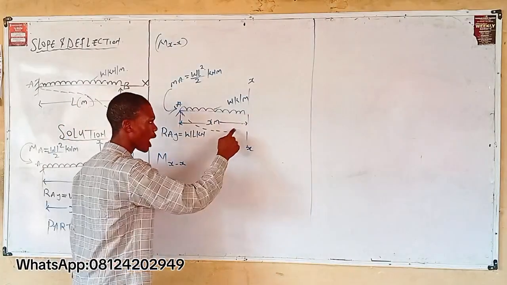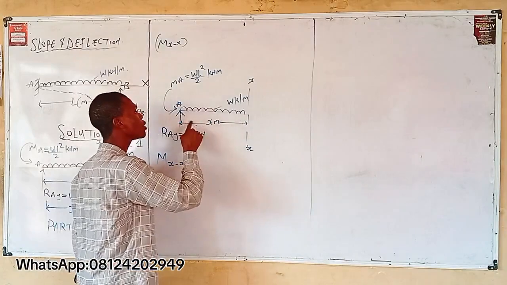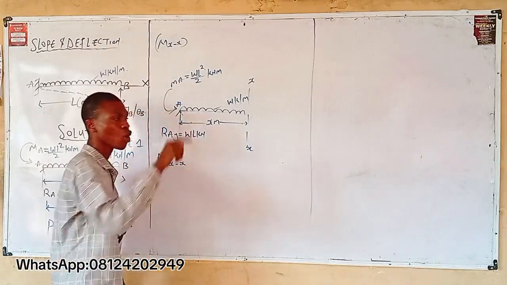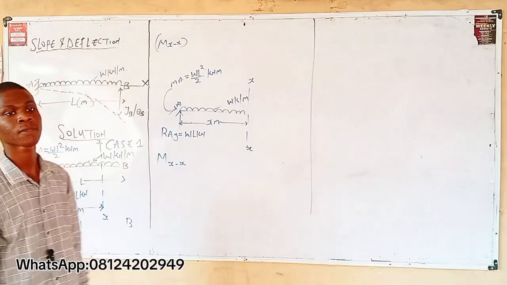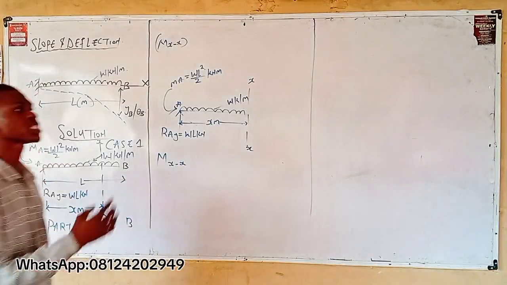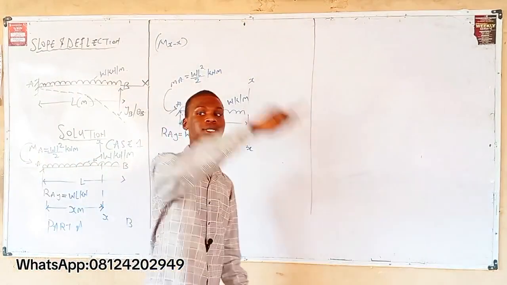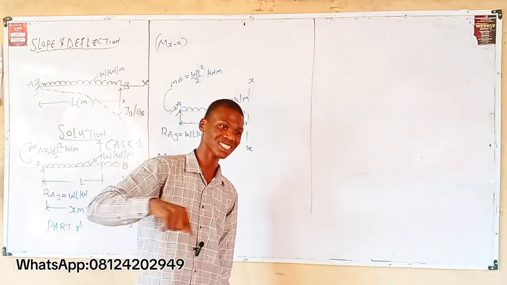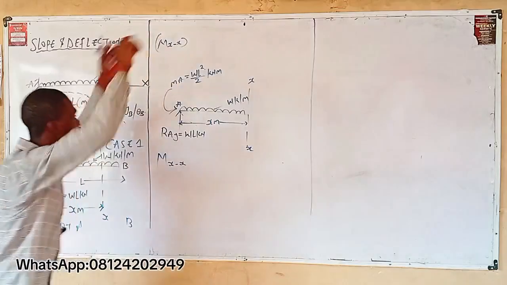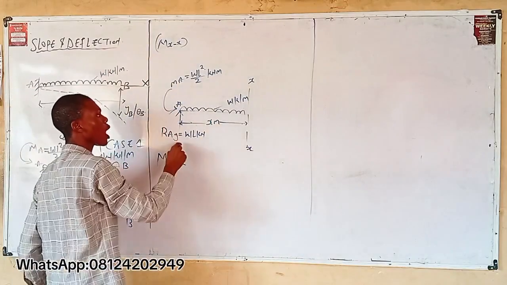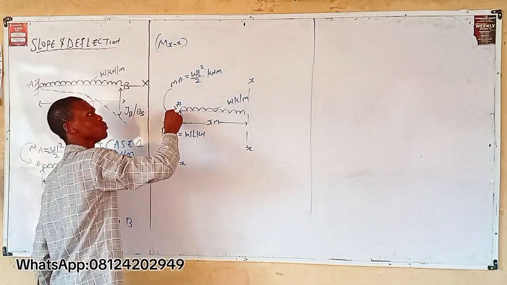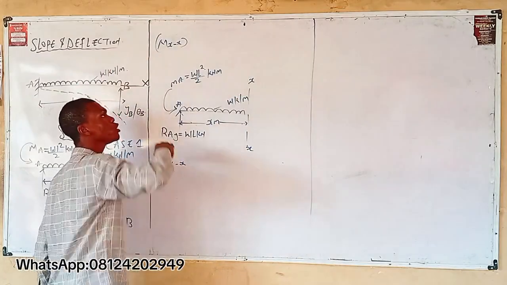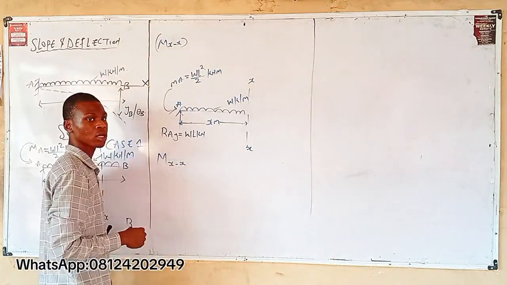But before then, ask yourself, is RAY going in clockwise direction or anti-clockwise? When you say clockwise, it means you are going in the direction of your clock. When you say anti-clockwise, you are going against the direction. Now, let's do this together. Let's say this is your RAY. Imagine you are taking the tip to this XX. Will it be going in the direction of the clock?